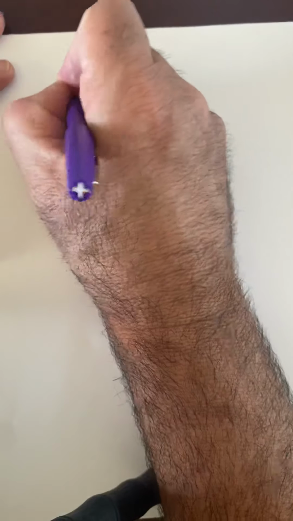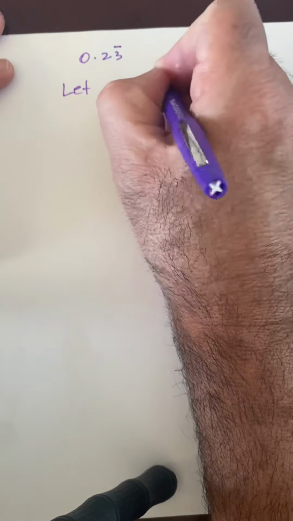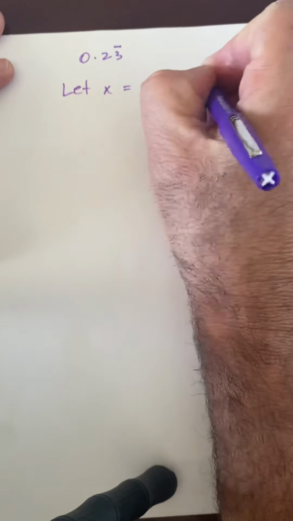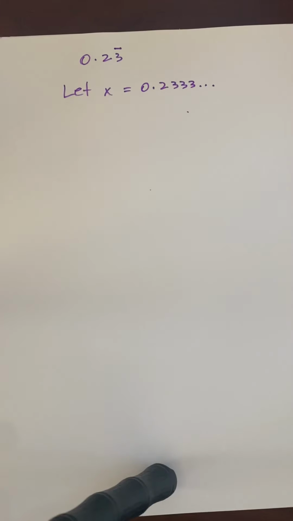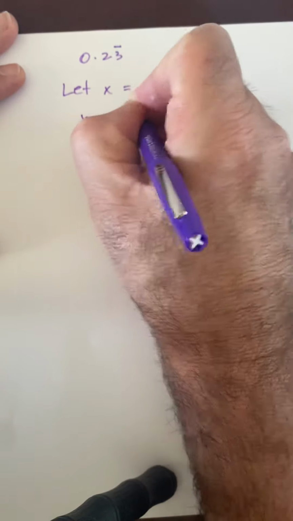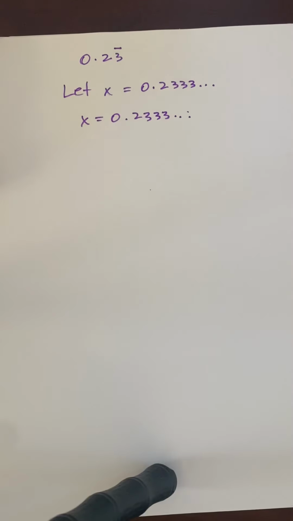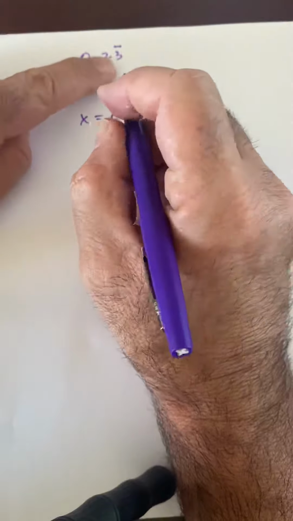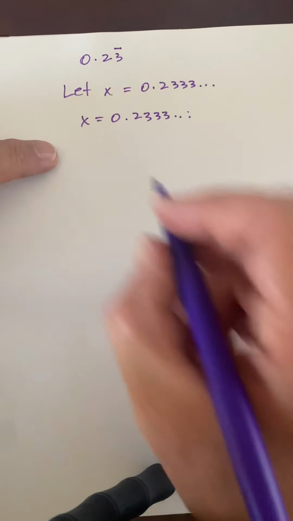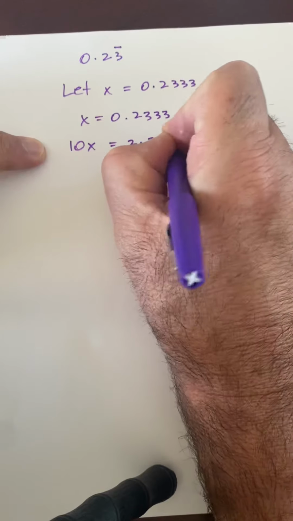So I'm going to write this let statement, let x equal to this, just the 3 repeating. I'll write my equation and get started with my solve. Only 1 digit repeats, so we multiply by 10. 10x equals 2.333.